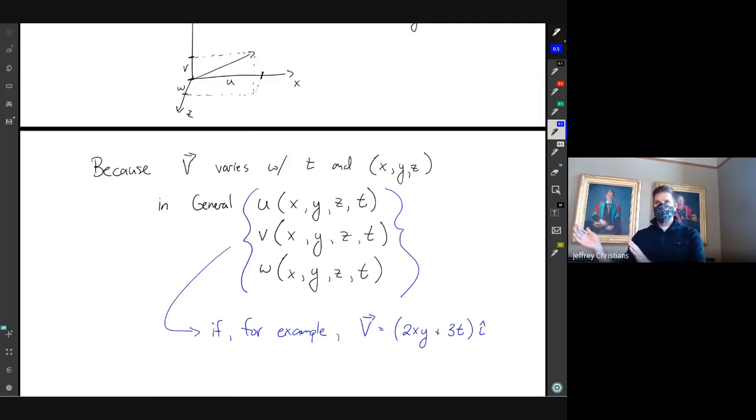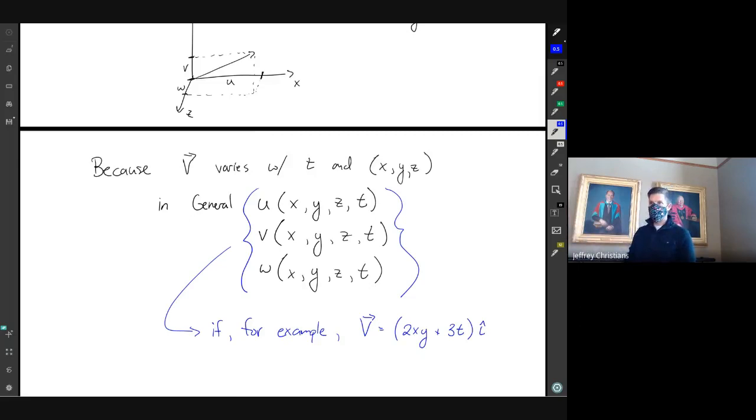But if this is your velocity field, what it means is that the velocity field is pointing in the x direction. So all of the velocity field, wherever you go in space, is pointing exactly in x, because that's what the i hat tells us. But it's changing as you go in x. So if you go further in x, it's getting faster. And as you go up in y, it's also getting faster.